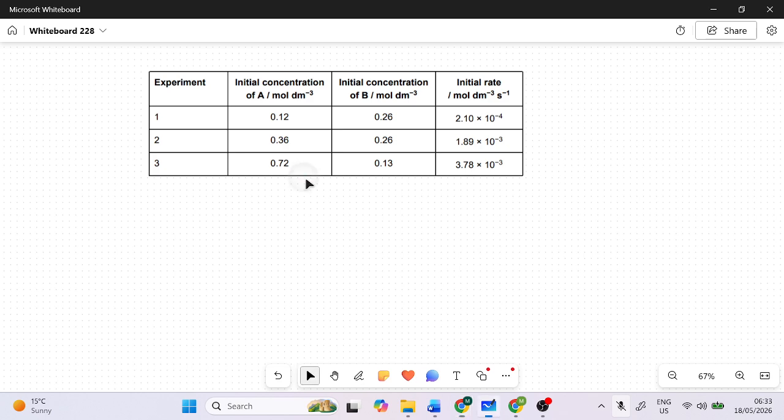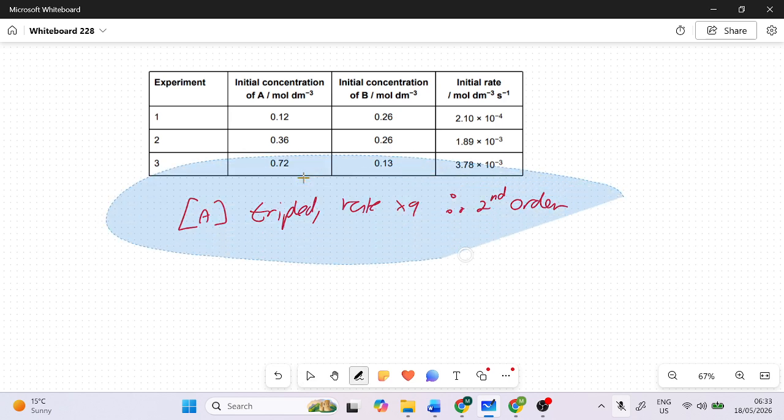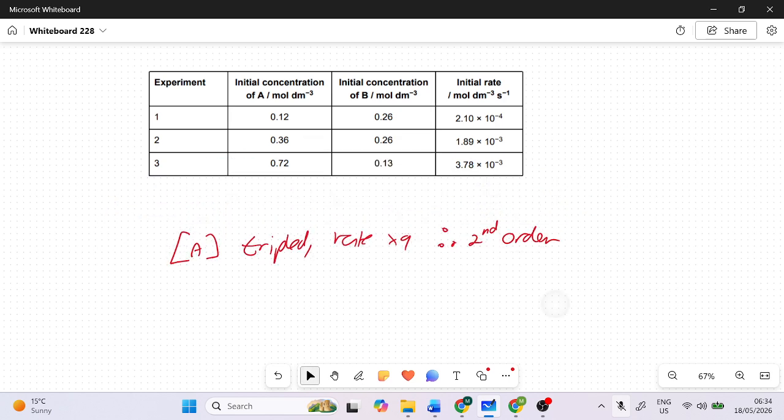So concentration of A tripled, rate times 9. Therefore, this will be second order. And this is fine. The problem arises, what happens? How am I going to find the order for concentration of B? I don't have something where this is also true.